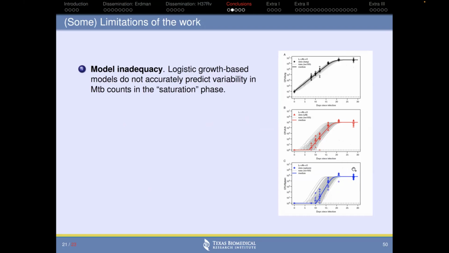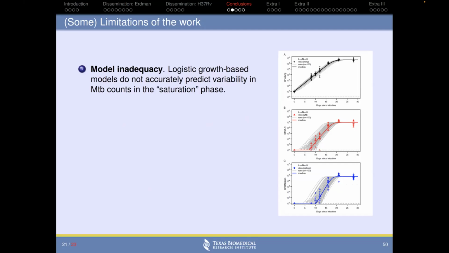The solution is that the carrying capacity has to be time dependent. Then you would generate more variability. You would reach higher levels for bacteria that disseminate earlier versus the ones that disseminate late, which should have lower levels. And the way you can do a time-dependent carrying capacity is actually the immune response. So we are working on that.